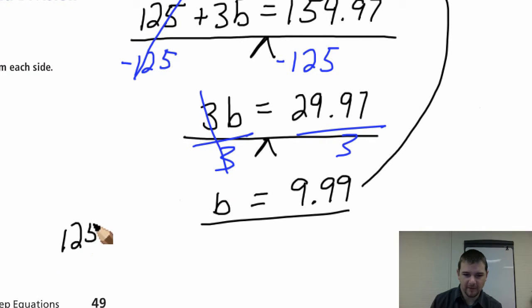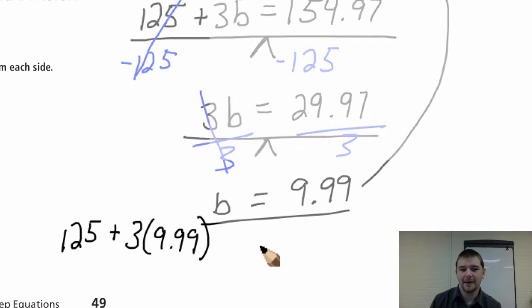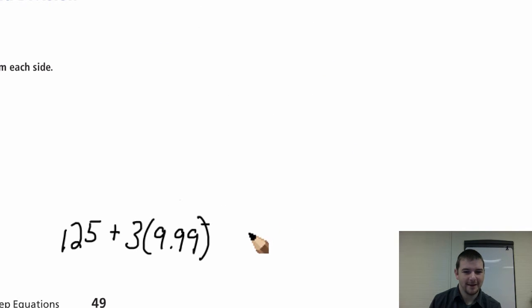So we have 125 plus 3 times $9.99, I'm sorry, 9.99, this isn't necessarily the bags of dog food problem, equals $154.97. Stuck on puppy dog food.